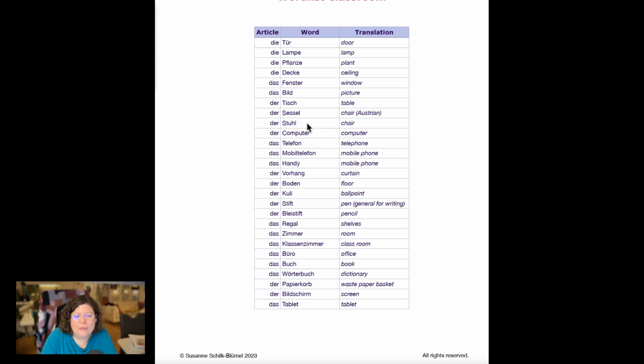Der Stuhl. Der Computer. Das Telefon. Das Mobiltelefon. Das Handy. Der Vorhang.